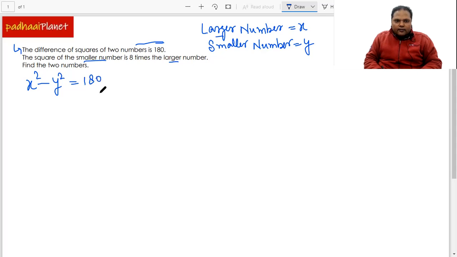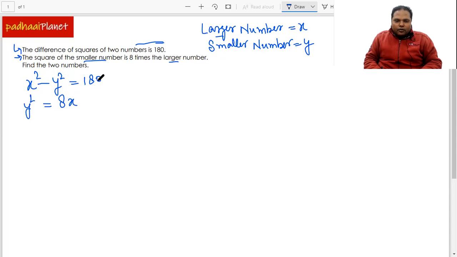180, right? Now let's look at the second relationship, which says the square of the smaller number is 8 times the larger number, right? So the square of the smaller number is equal to 8 times the larger number, and that's x.